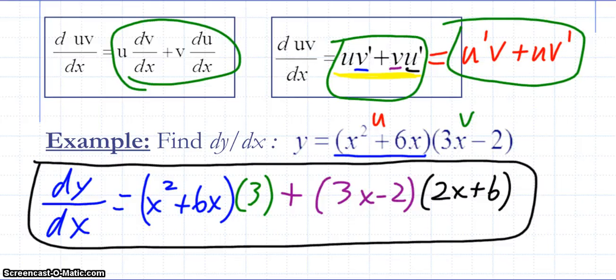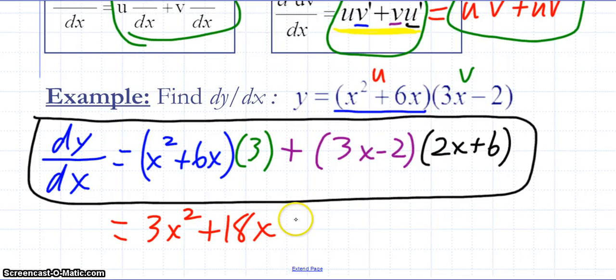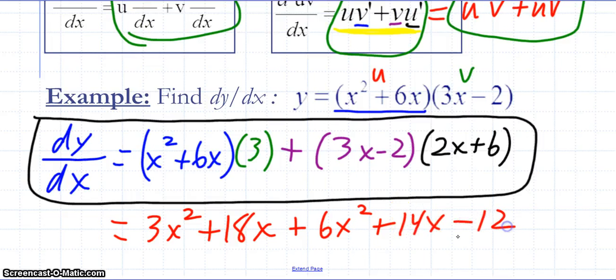So there is dy dx. Now in this case we would want to simplify this, and we'll end up with what we had on the previous slide. So this is going to be 3x squared plus 18x plus 6x squared plus 18x minus 4x is 14x minus 12.